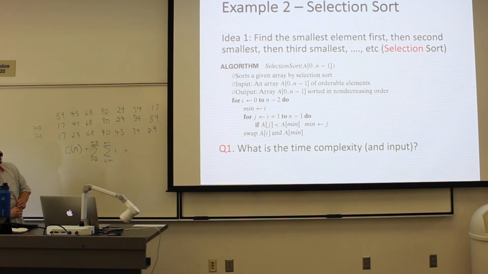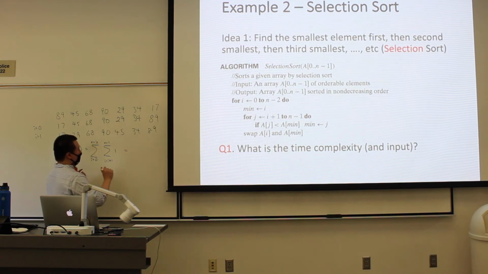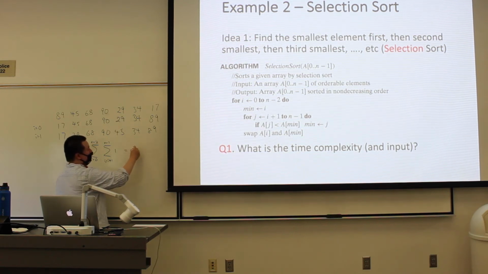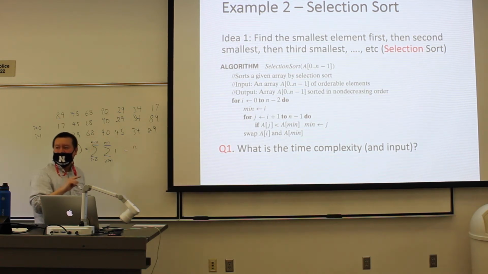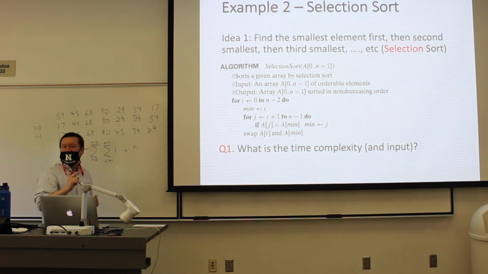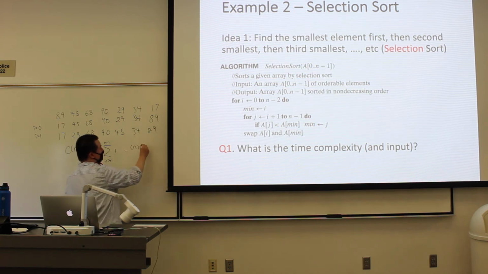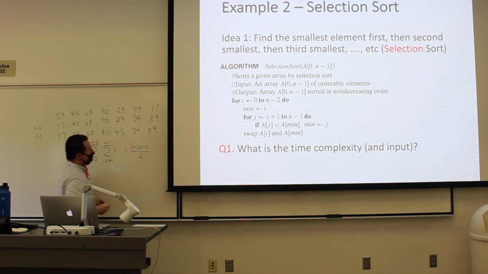I'm not going to try to resolve it here, but the complexity is like n times n minus 1 over 2, roughly, and that's big O of n squared.